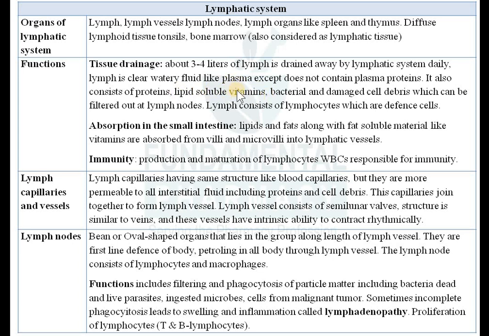Okay, so it will not have RBC, it will not have plasma proteins. तो लिम्फ में प्लाज्मा प्रोटीन और आरबीसी नहीं रहता, बाकी सब रहता है. ठीक है, लेकिन कम क्वांटिटी में रहता है. अभी इसमें प्लाज्मा प्रोटीन नहीं रहती है लेकिन बाकी प्रोटीन होते हैं. So lymph is a clear watery fluid like plasma, except it does not have any plasma proteins, but it has different proteins, and particularly high molecular weight protein.